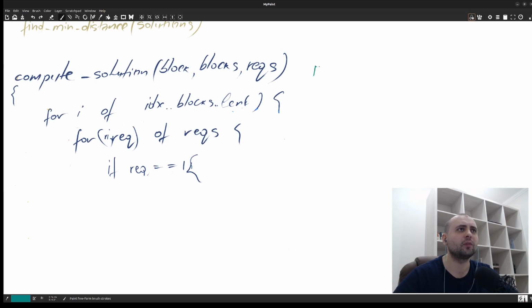So for example, for blocks, we'll use the following data structure. It will be an array of vectors, or an array of arrays in our case, and we'll do something on the following line. So let's assume we receive our requirements. For school, if it's important for us, we'll write 1. And for the gym, if it's important, we'll write 1. And for the mall, if it's important, we'll write 1, 1, 1.